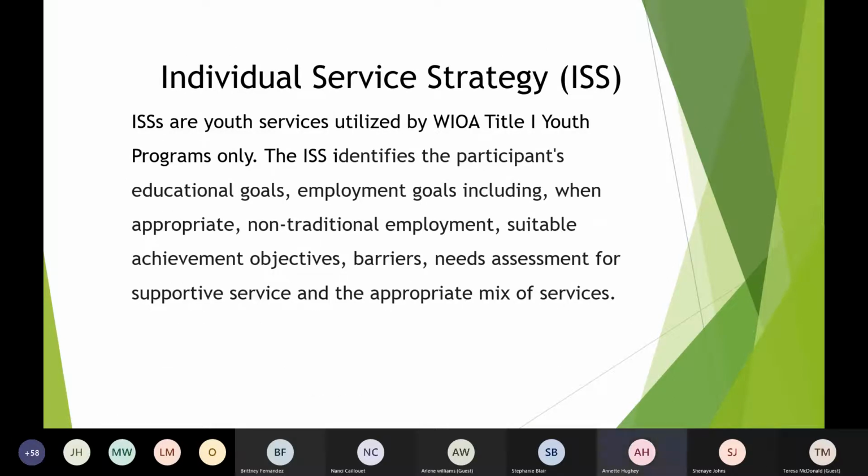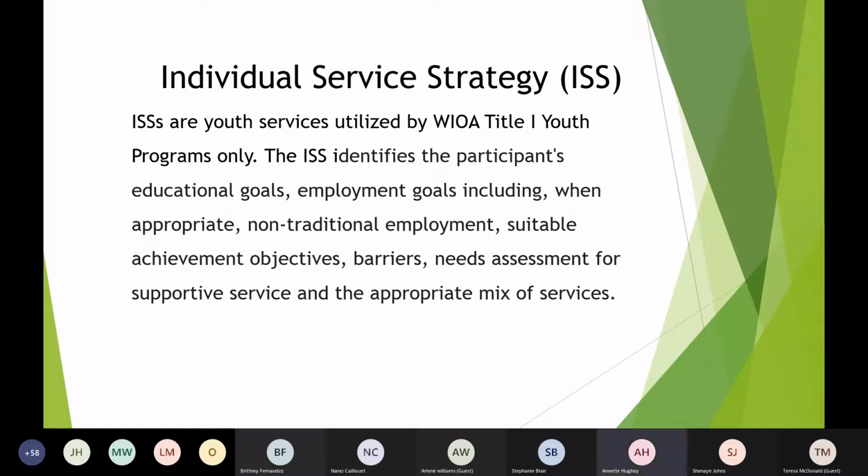What is the ISS? The Individual Service Strategy. It's very similar to the IEP. Title I requires that all youth complete an ISS.